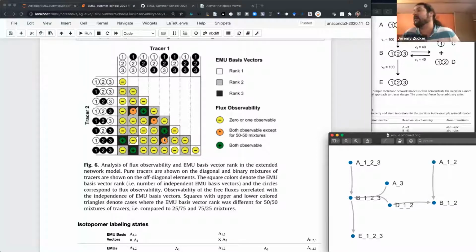It really depends on the network itself and what you're able to measure, because oftentimes you don't have a choice. The set of metabolites that you can measure is limited by what's observed. As you learned from the metabolomics day, not all metabolites can be measured in all conditions. Sometimes a metabolite can be measured in one condition but not under another. So it really depends.